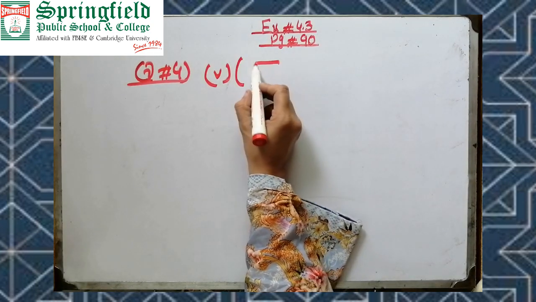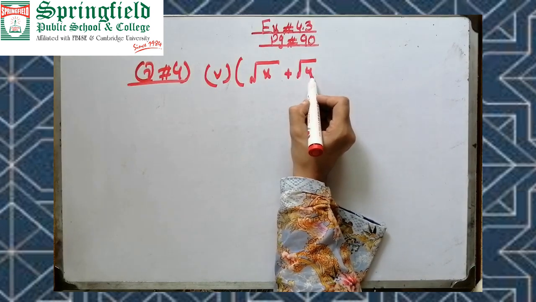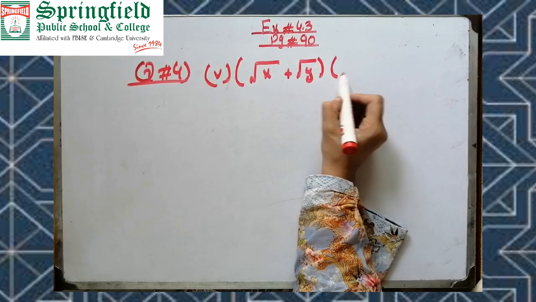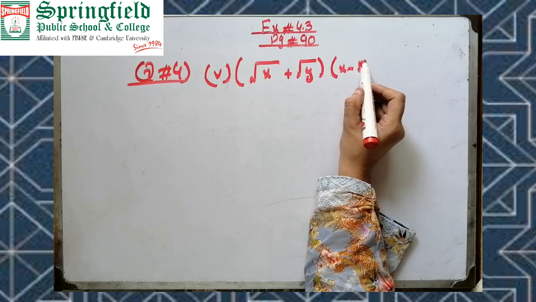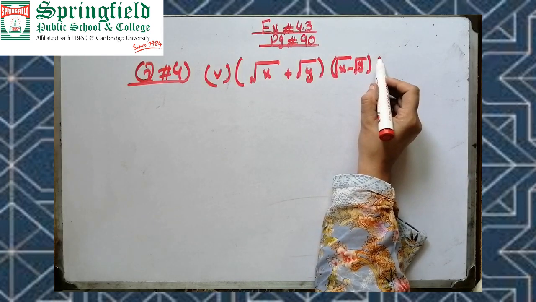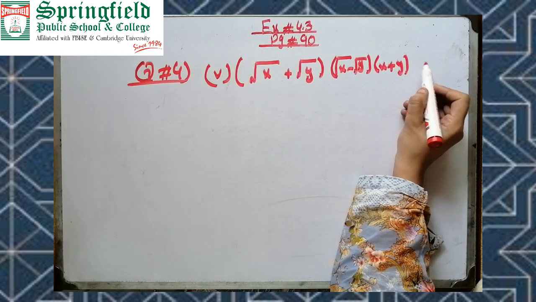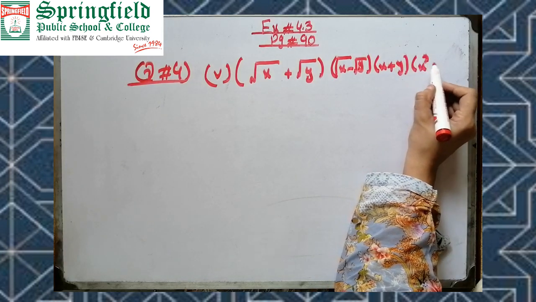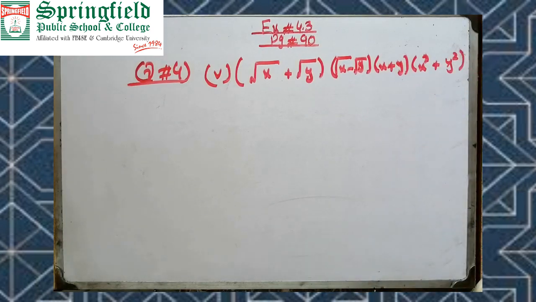Under root x plus under root y, then x minus y, and x plus y, x square plus y square.